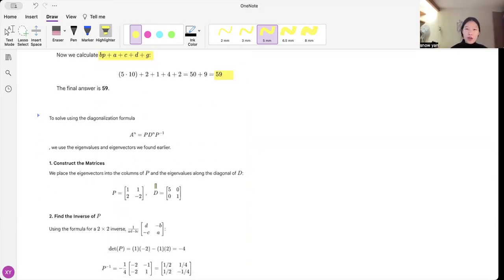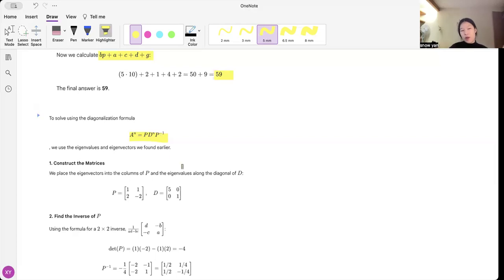And I think the other way that I was thinking of doing this problem was diagonalization. So then I would get it into this formula where I have a diagonal matrix in the middle. I have P and I have P inverse.